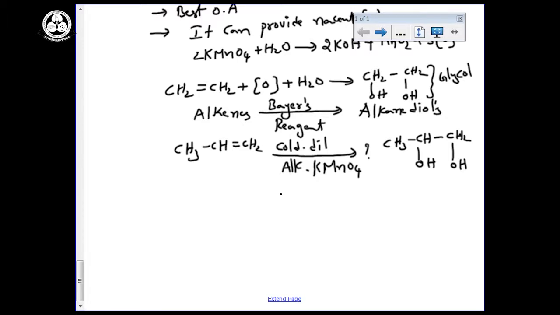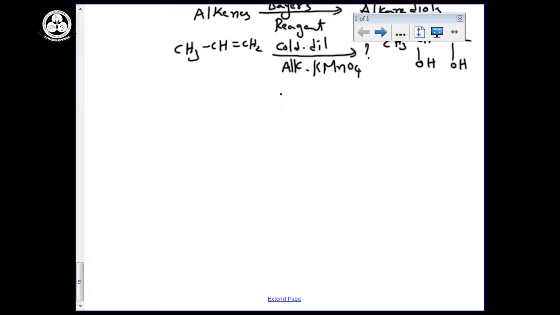And the most important thing, for example, in alkenes, the problem is if the compound is like this, CH double bond CH.